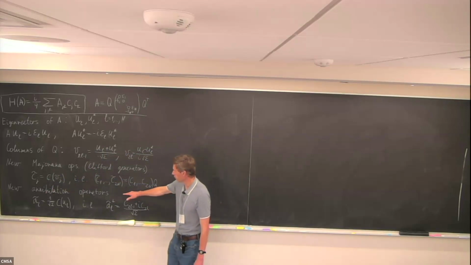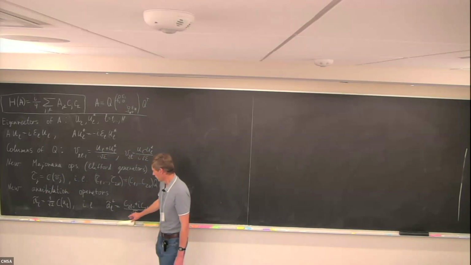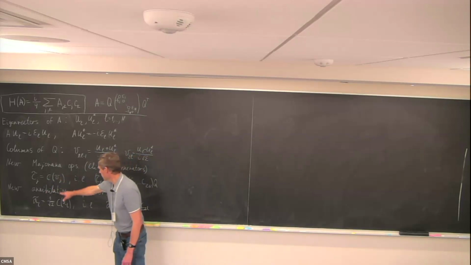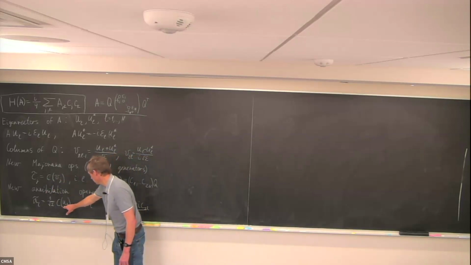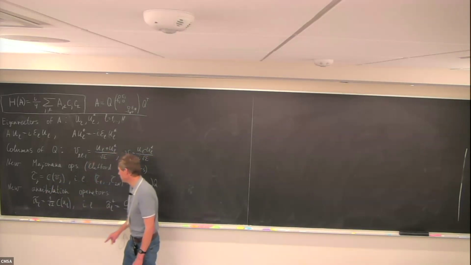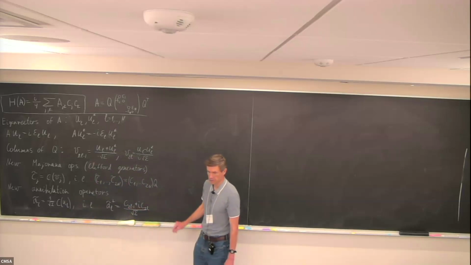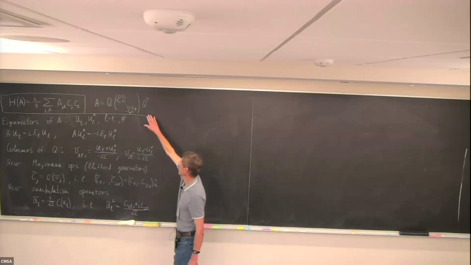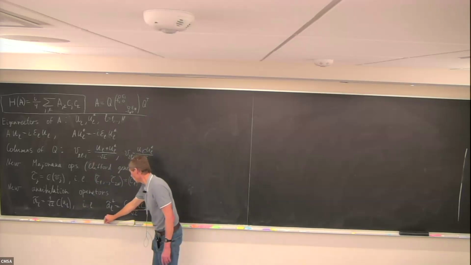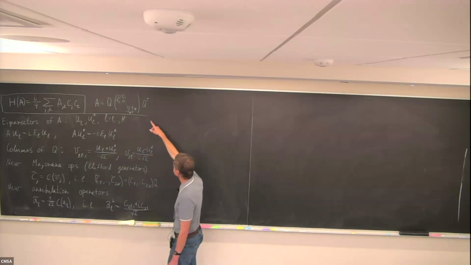And we can define new annihilation operators that are related in the same way to the complex vectors U sub l. And this is an equivalent expression. So this is an algorithm to construct the diagonalization.